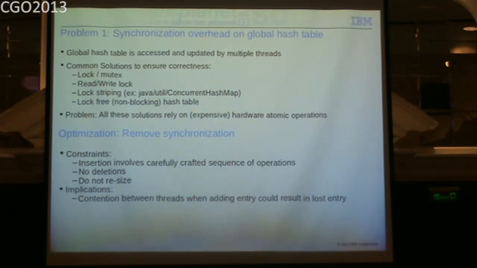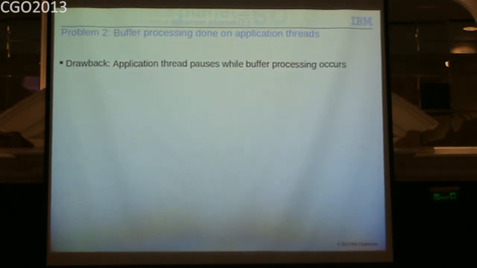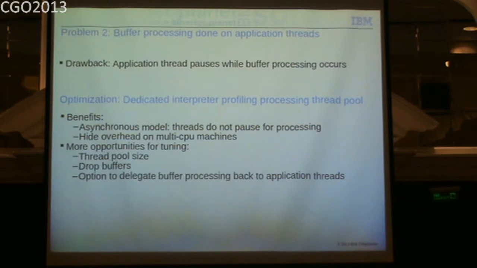The second problem we looked to address was the buffer processing done on application threads. When we would process a buffer, the application thread would pause, and it could not make forward progress. To solve this problem, we introduced a dedicated thread pool to do the processing of the interpreter profiling buffers.